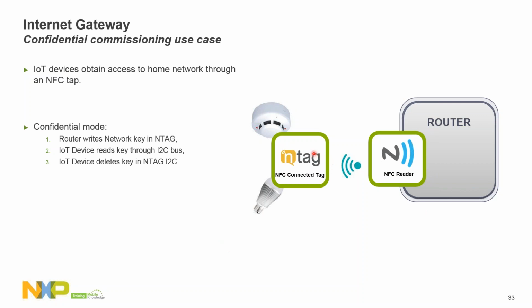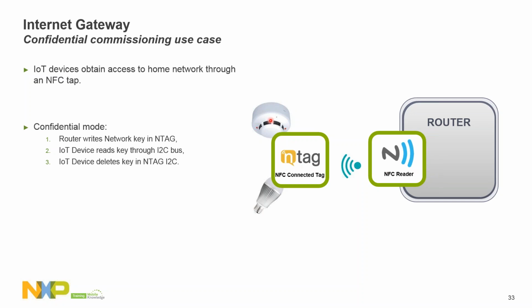The IoT device will then include an NFC connected tag to perform this operation in a confidential and secure way. An example could be the following. The IoT device is tapped against the NFC reader of the Internet gateway. The Internet gateway, through the NFC reader, writes the network credentials in the EEPROM memory of the IoT device.